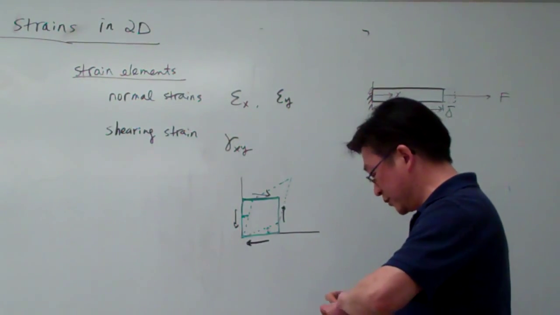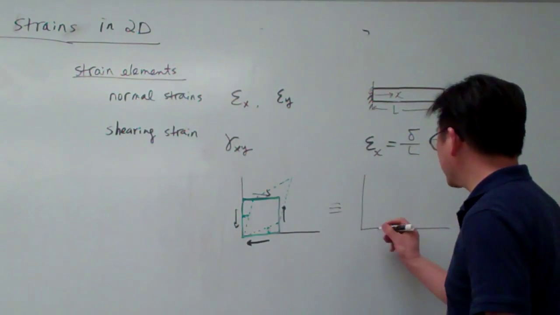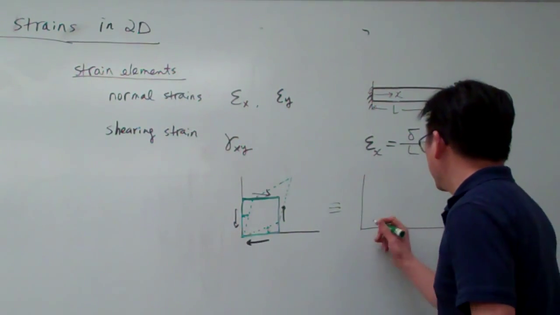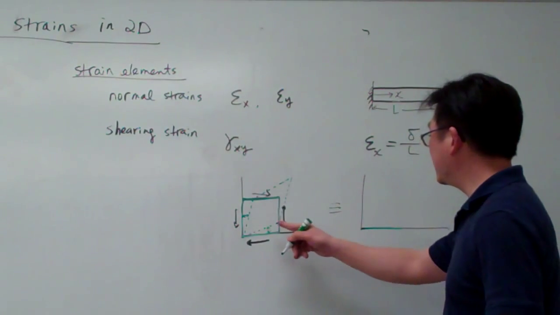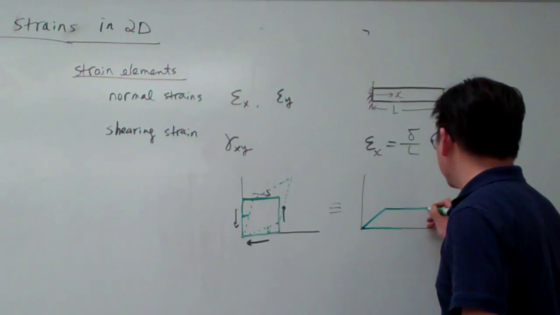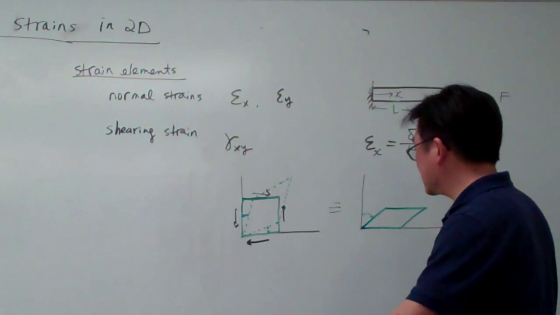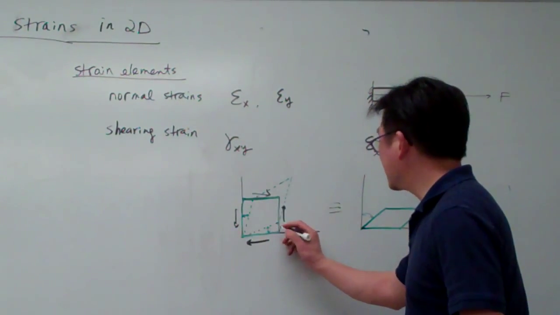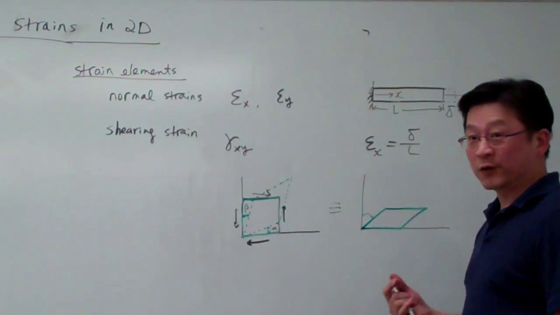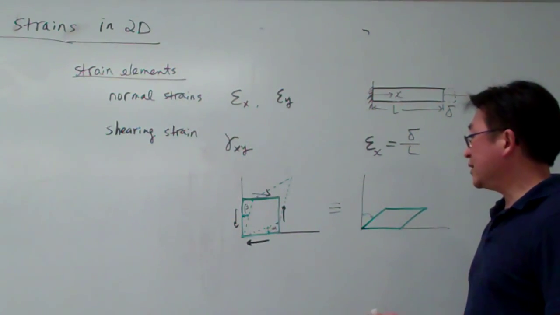But in general, the representation is this, equivalent to this description. If we fix one side, we simply put the net change in angle onto the other side. Let me say this is alpha, and in general alpha won't be equal to beta, but if this is a square, then alpha equals beta.